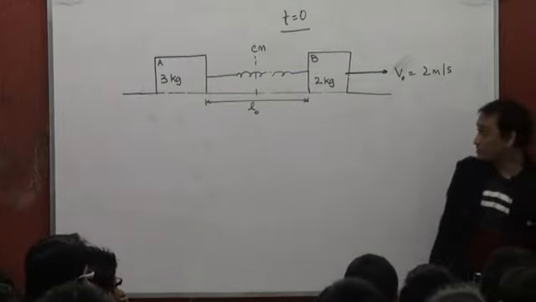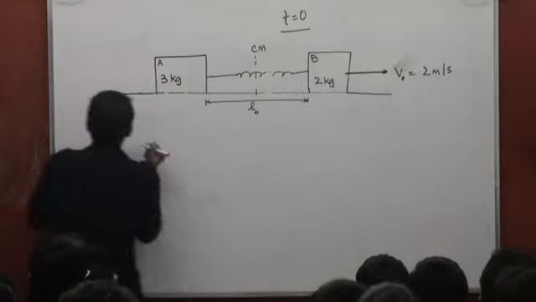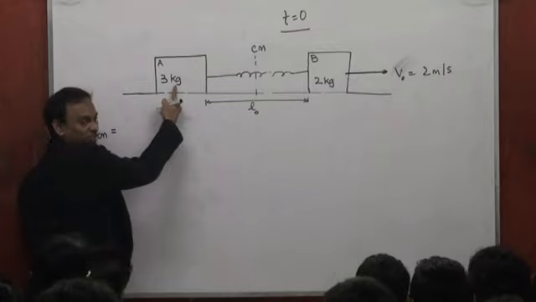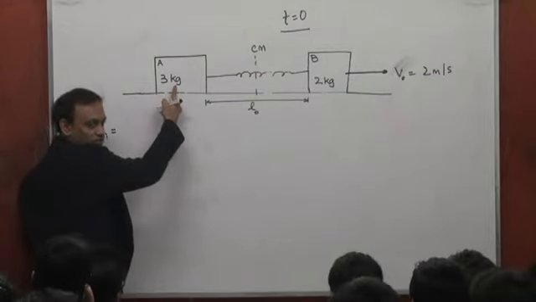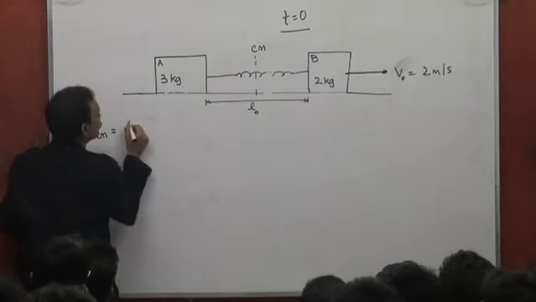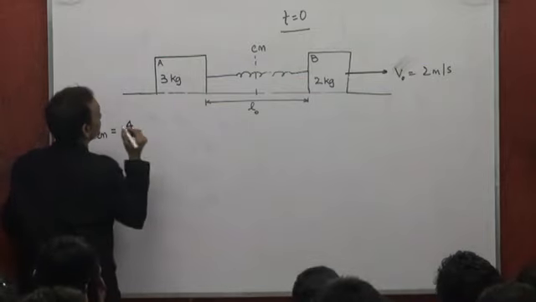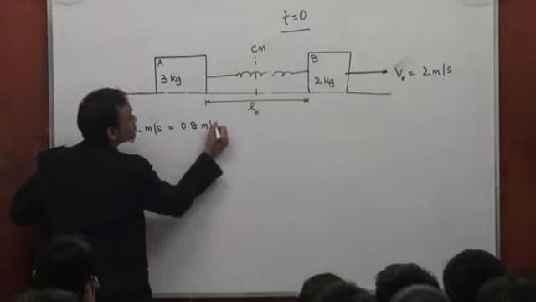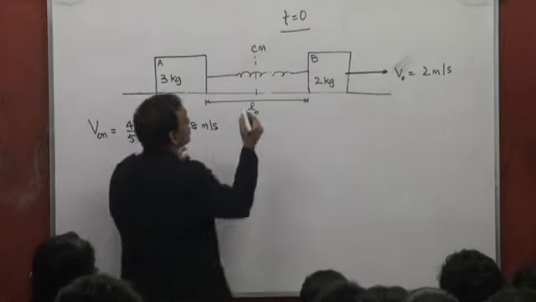What's the velocity of the center of mass when I do this? 3 into 0, because this will not instantly react, plus 2 into 2, 4 divided by 5 meters per second, 0.8 meters per second to the right is the velocity of the center of mass.